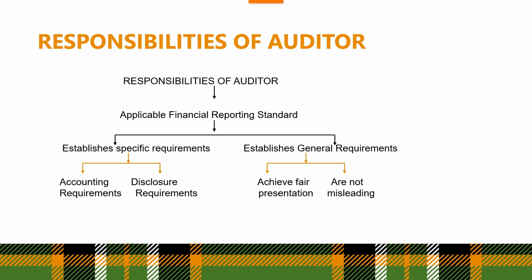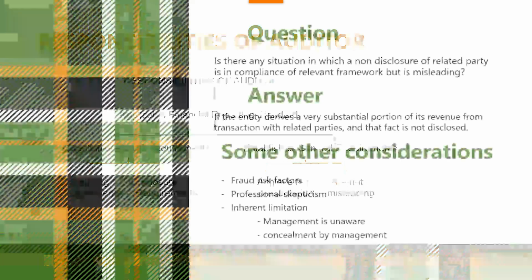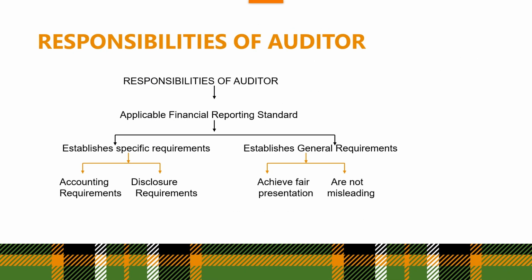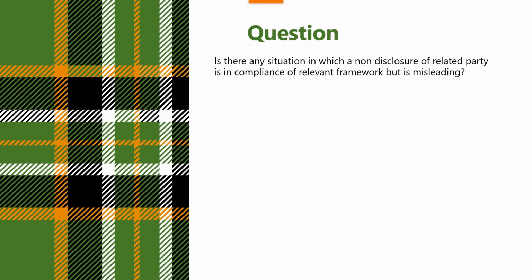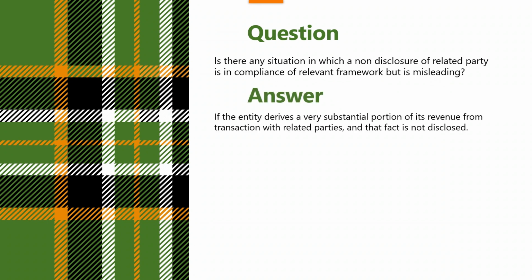Now let's look at important questions. I'm going to ask you one question to check your knowledge. The question is, can non-disclosure be allowed by the framework but still be misleading? You should pause and think about your answer, but let me explain it. The answer is yes.